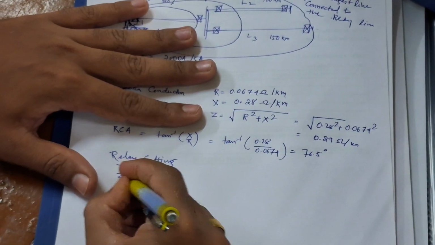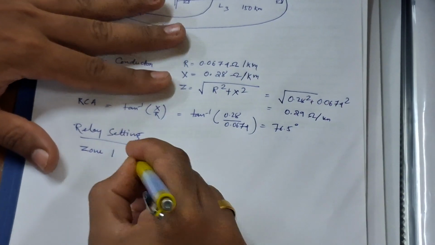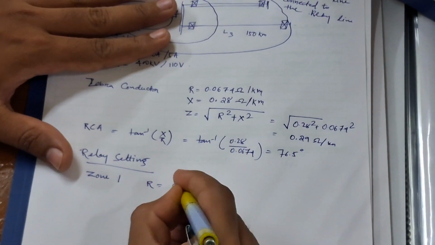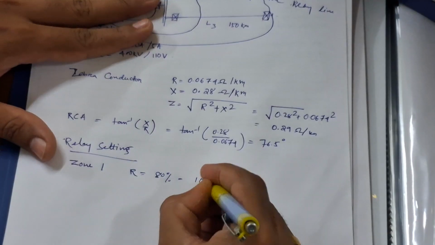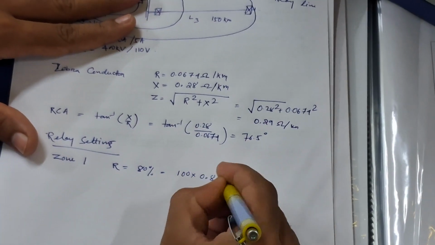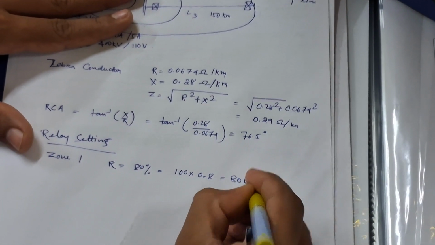Hence for zone 1, the distance would be 80%, that is 100 into 0.8, that would be 80 kilometer.